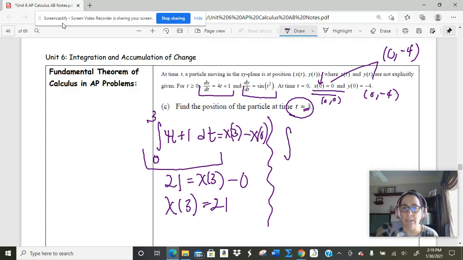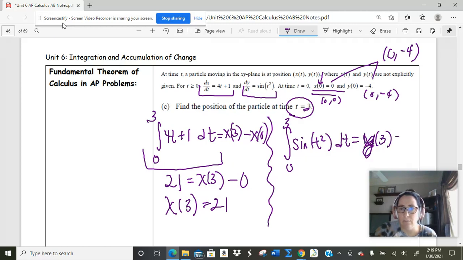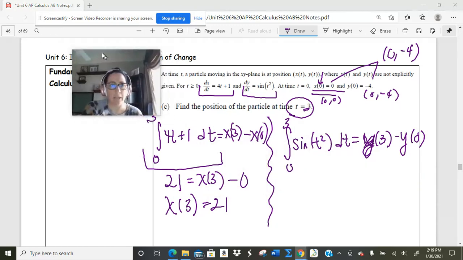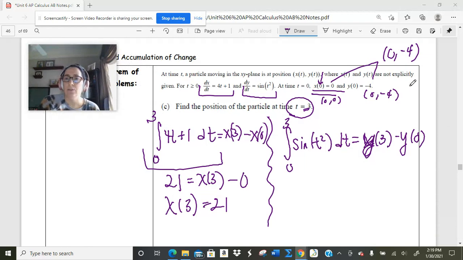So now let's set it up with the y. I'm going to put my derivative in the middle. I'm going to put the value that I know, the value that I want, and then, oops, that's not an x now, that's a y. Let me move out of the way. Okay, so now I'm going to put that in the calculator again for this part over here. So math 9.